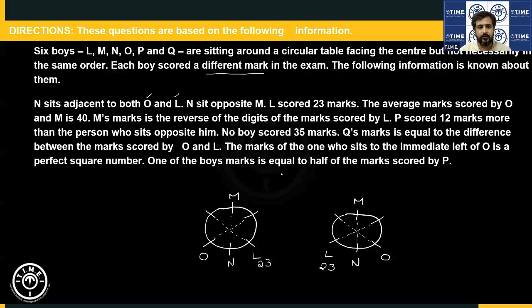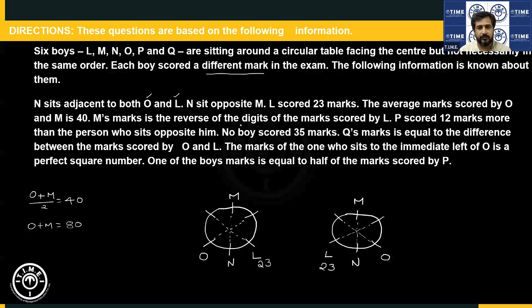The average marks scored by O and M is 40. So (O plus M) by 2 is equal to 40. So definitely you can conclude O plus M will be equal to 80. Fine.